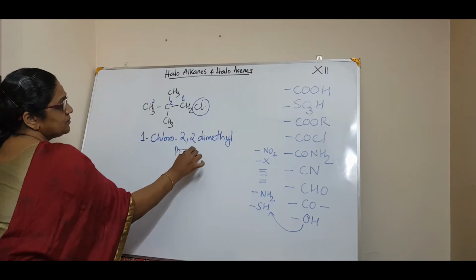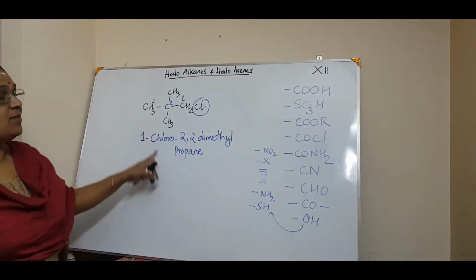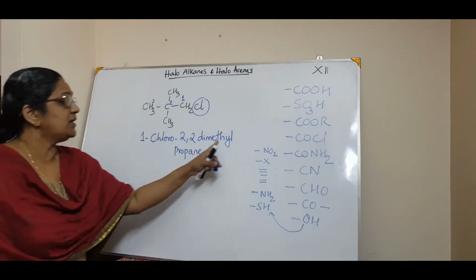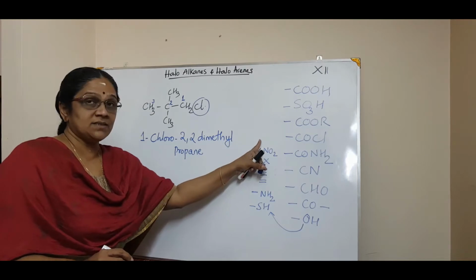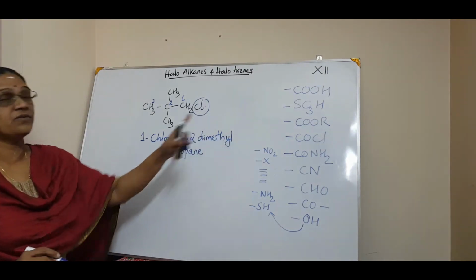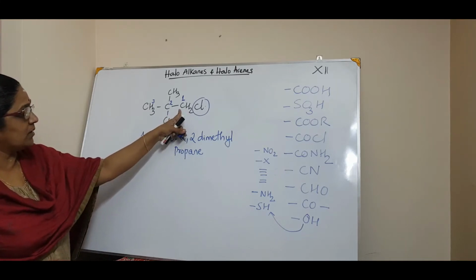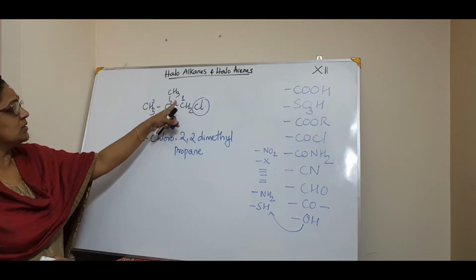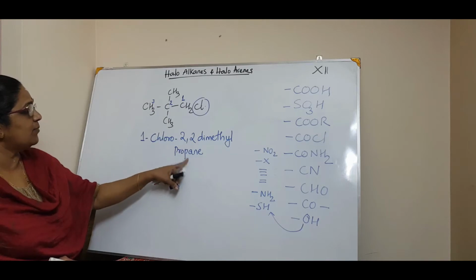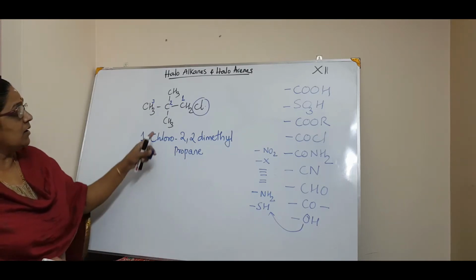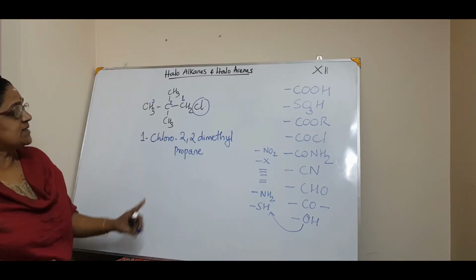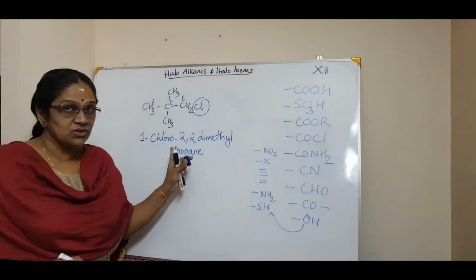So this is the name of this compound. You have to write like this, not cut it down, but you have to write in a straight chain. So this is 1-chloro, then 2,2-dimethyl propane. This is the IUPAC name of this compound. So hope you understood this.